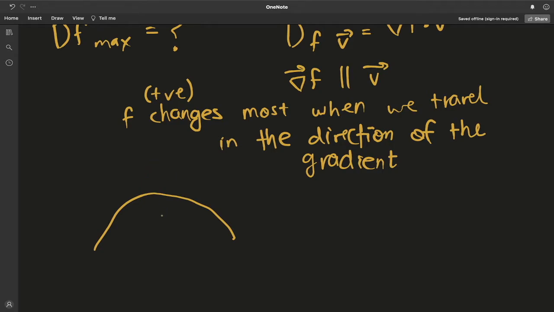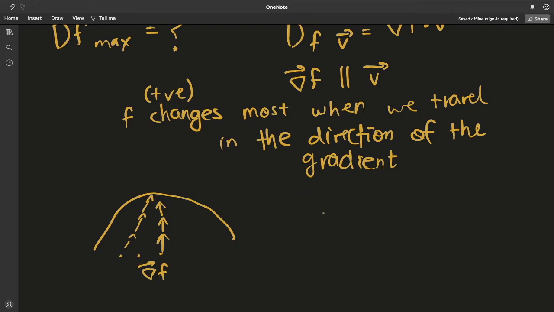Then if you take gradients at different points, the trail of gradients will always point towards the path which is steepest, that increases your height the most. That's the direction of the gradient. So now it kind of makes sense with this definition.